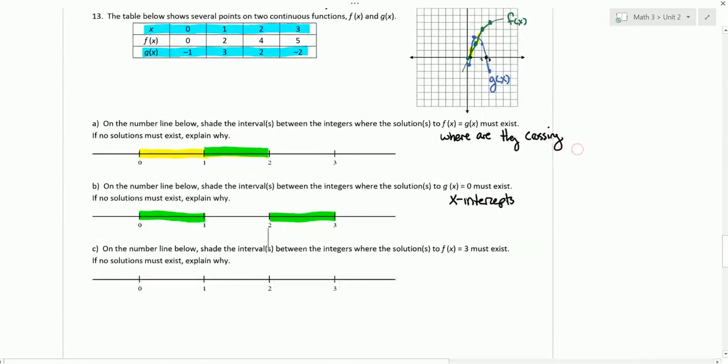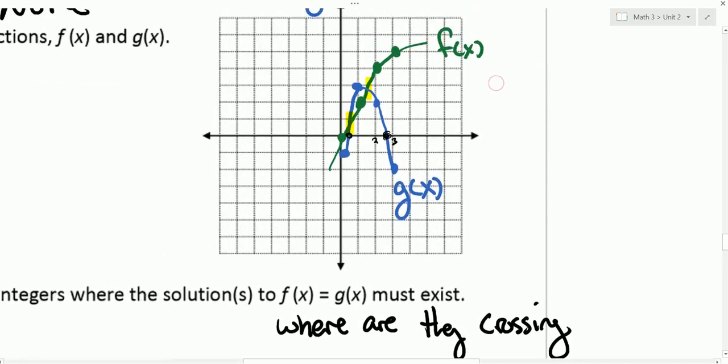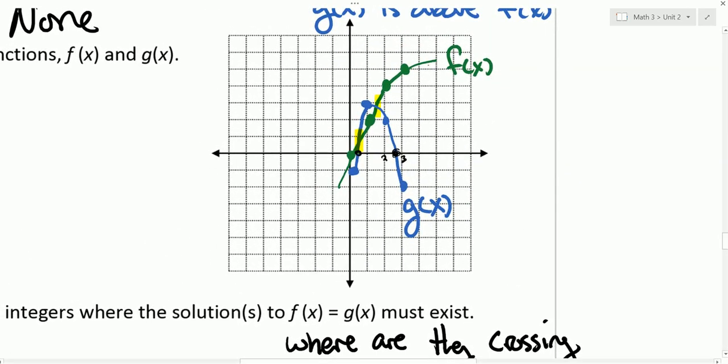Okay. And then part C, on the number line below, shade the intervals between the integers where the solutions to f of x equals 3 must exist. So what does it mean for f of x to equal 3? Okay, f of x is our green graph. And if I want f of x to equal 3, that means the y value of f of x is equal to 3. Well, on the y-axis, here's where 3 is.